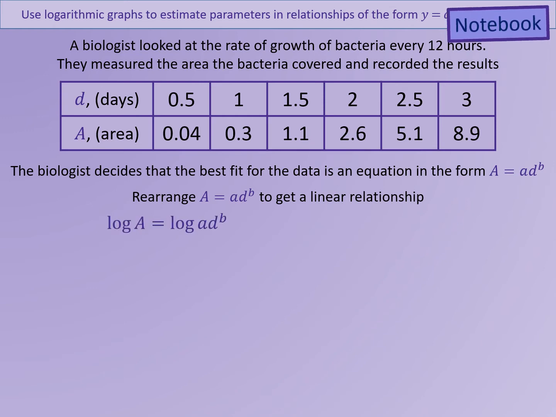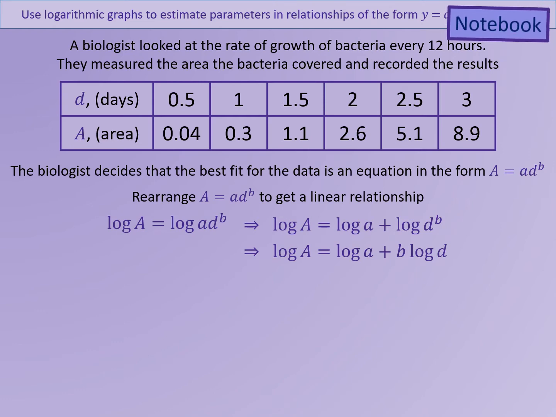So we're going to rearrange it in exactly the same way as we just did with the previous example. So I've taken logs of both sides. I'm then separating the right-hand side into two separate logarithms. And then finally, I'm bringing that b power down to front to act as a coefficient. And once again, what we're doing here is we are trying to form a linear relationship.